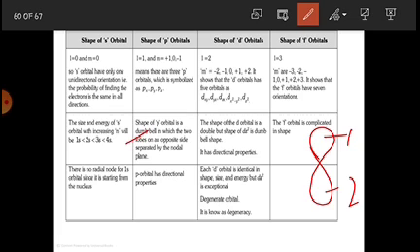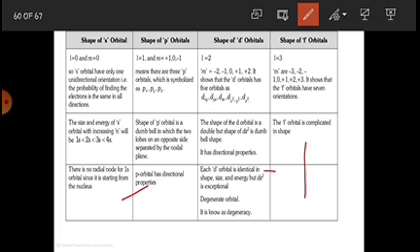These two lobes are on opposite sides, separated by the nodal plane. So the p orbital is in dumbbell shape, remember.